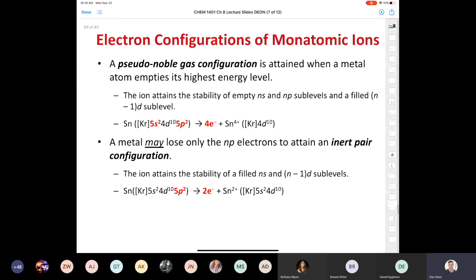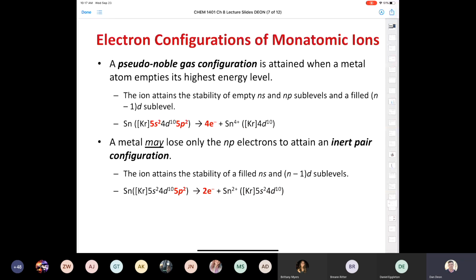So, electron configurations of monatomic ions. It says here that a pseudo-noble gas configuration is attained when a metal atom empties its highest energy level. The ion attains the stability of the empty ns and np sublevels with a filled n-1 d sublevel.